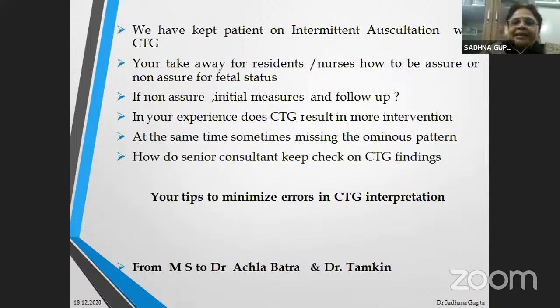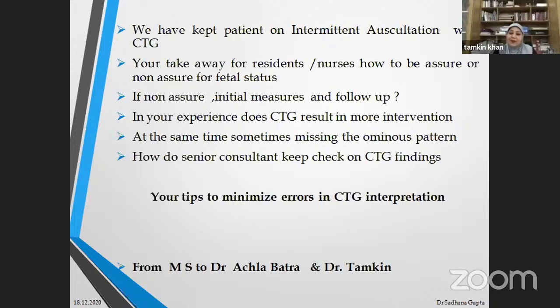So as a senior consultant, how do you minimize errors, how do you train your staff, when residents are rushing to cesarean section but you say don't do cesarean section first, do this and this? Any panelist can take it. If Dr. Tamkeen has not added to it, she is also very good in CTG. How do you minimize these errors so that there is less intervention?